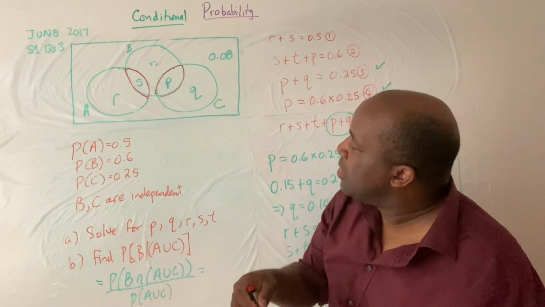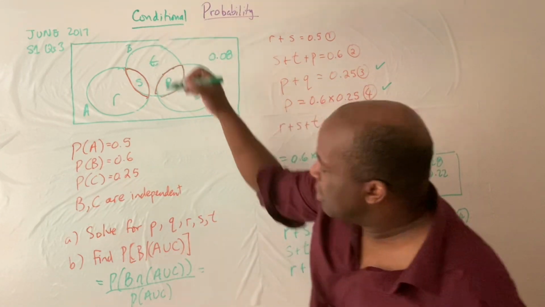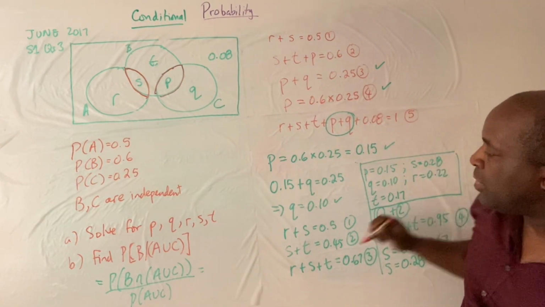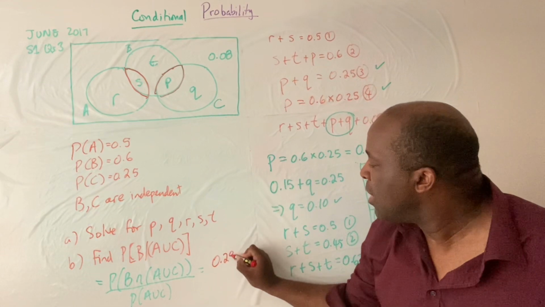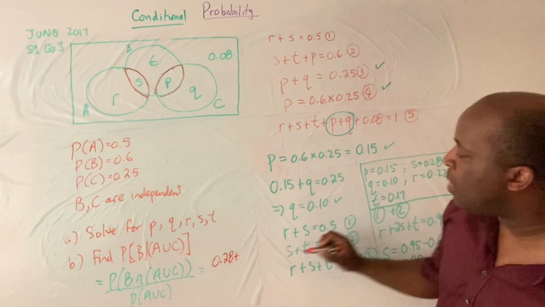So that is S and P. We've worked out S to be 0.28, and we add that to P, which is 0.15.